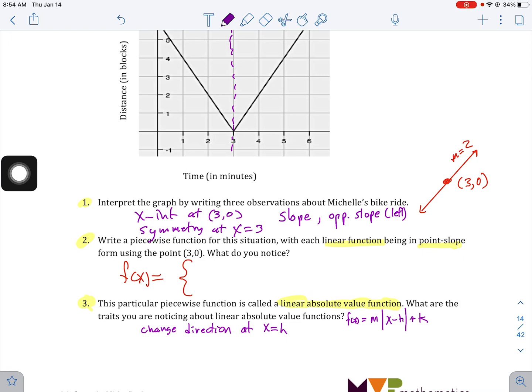Using point slope, you remember point slope is the slope times x minus the x value, h, plus the y value, k. All right, so looking at this, we can see that there is a translation of 3, so h equals 3, so we can say that f of x is equal to x minus 3.